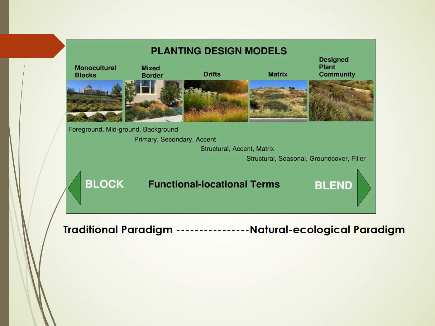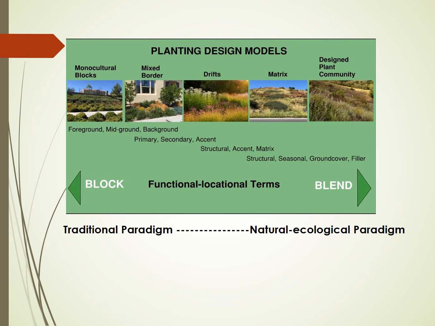So now we can modify the planting model continuum diagram to include Rayner and West's designed plant community, in place of the seed mix only randomized natural planting model. Also, we can group the planting model functional locational terms with the models with which they go best. For example, the terms foreground, middle ground, and background go well with blocks and mixed borders.